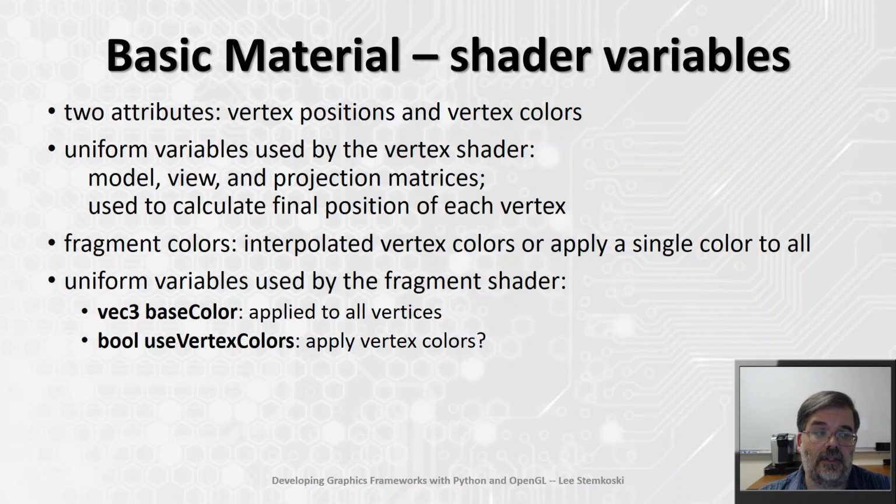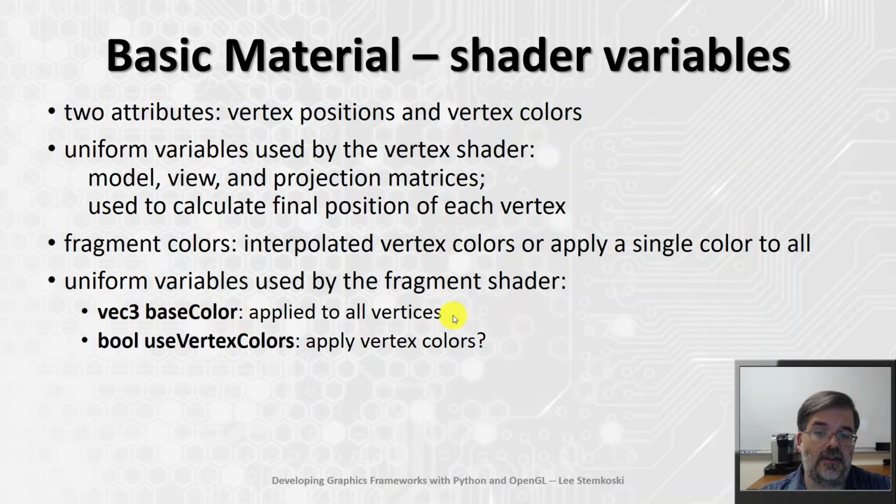Now, when we're coloring these objects, there's a few different ways we're able to color an object. We could either use the interpolated vertex colors, which we saw on the previous slide, or we could apply a single color to all the vertices to have a solid colored object. So in the fragment shader, we'll have 2 more uniform variables, which will help us set up both of these possibilities. First, we'll have a vec3 called base color.